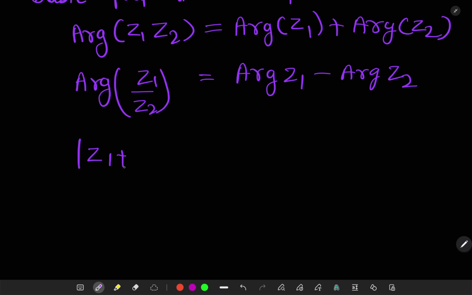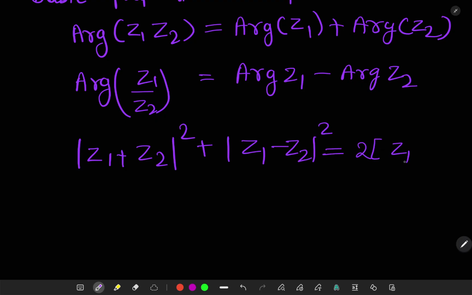Here if we take mod of z1 plus z2 squared and add it with mod of z1 minus z2 squared, it equals 2 times mod of z1 squared plus mod of z2 squared.